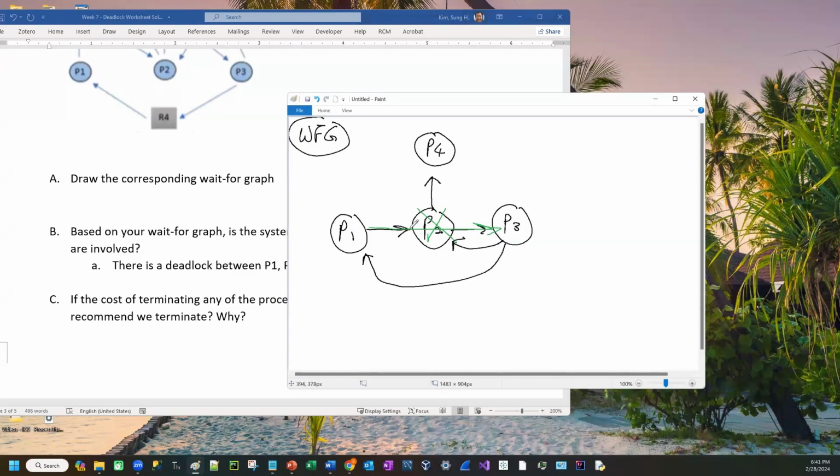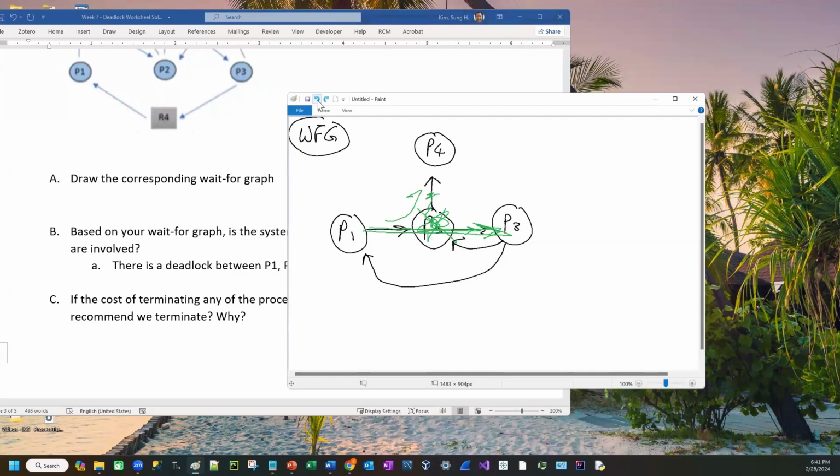I'm not sure if this is the way it's going to go or if it's going to go that way. Well, this is not going to happen, right? Because this is not waiting for that. So we have this one here, but we still have this circle, right? So maybe getting rid of the P2 would not get rid of all the circles.